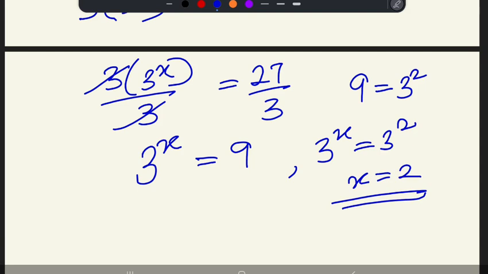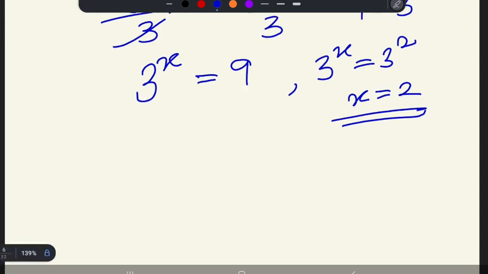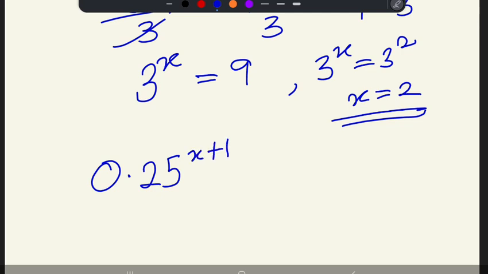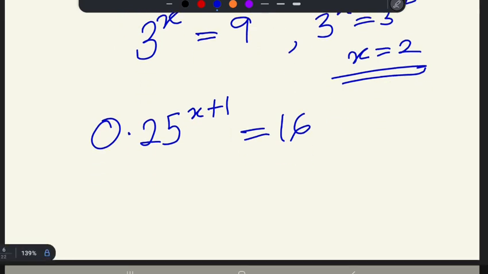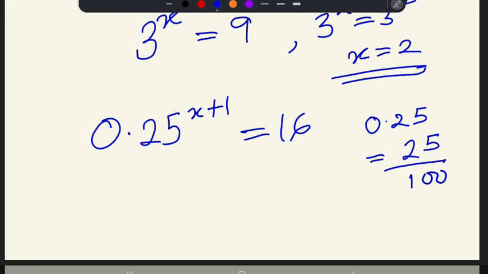So that is all. Now let's see one with decimal points: 0.25 raised to power x plus 1 is equal to 16. You can see that there is a decimal here, but we still have to do something meaningful. 0.25 can be written as 25 over 100.